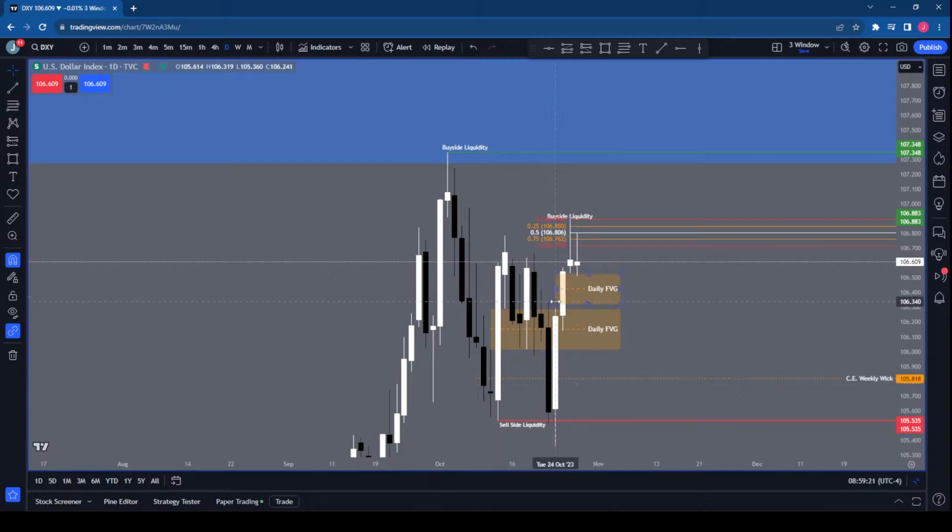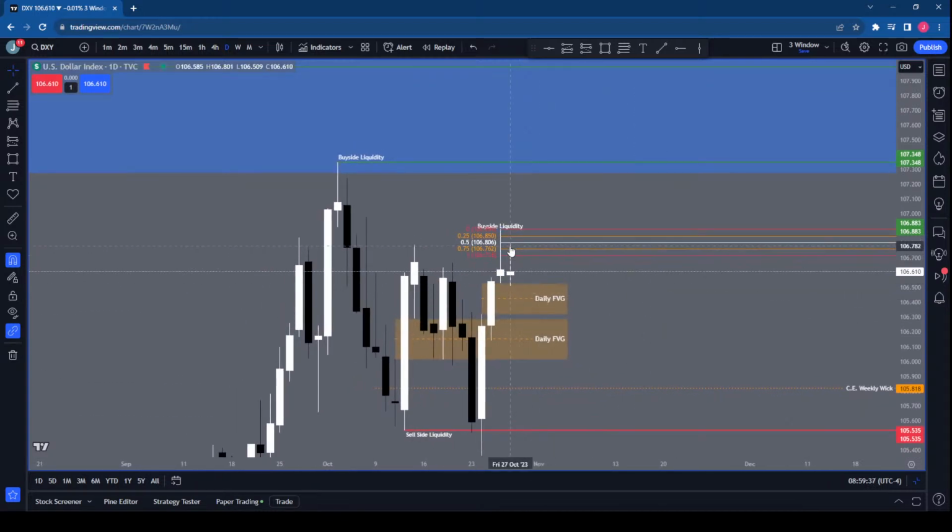And we created this daily fair value gap here. So I'm going to watch and see how we treat that. We also had this volume imbalance right here. If you notice, we came right up to the consequent encroachment of that wick.